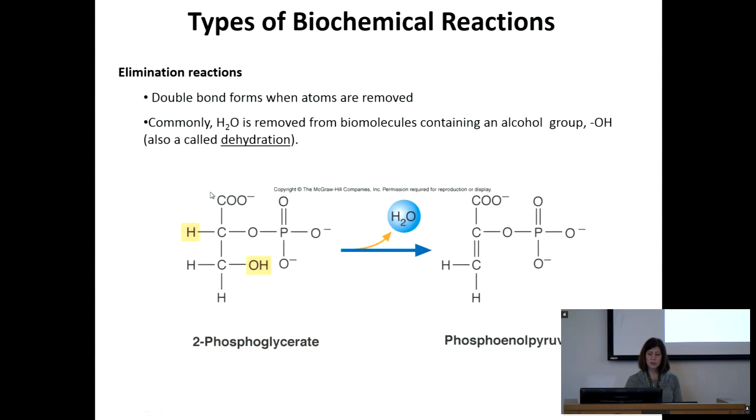All right, we talked about elimination reactions where we're removing a group from carbons that are next to each other. So here we're removing a hydrogen from one carbon and an OH from another carbon, and we're making a double bond. So in elimination, we're removing groups to make a double bond. Here, this is a specific type. We call it dehydration.